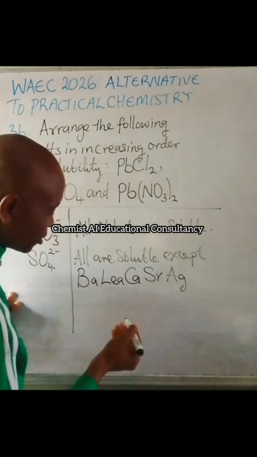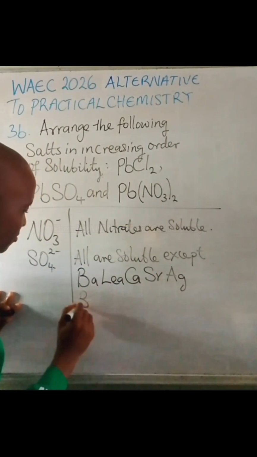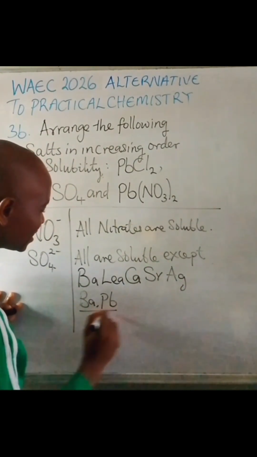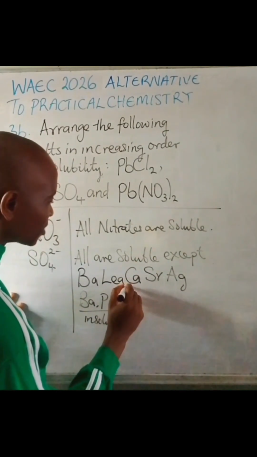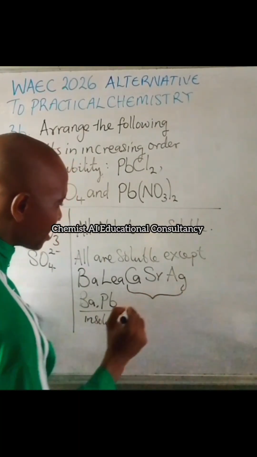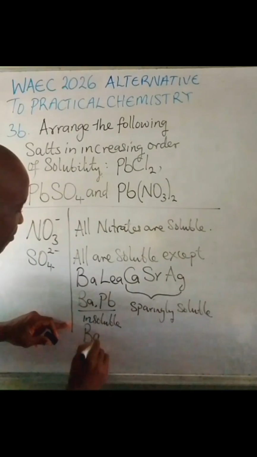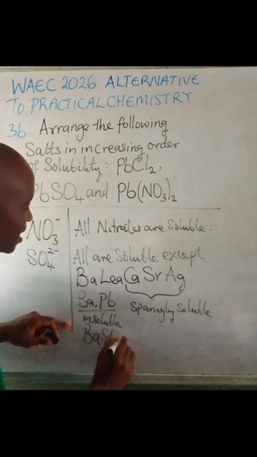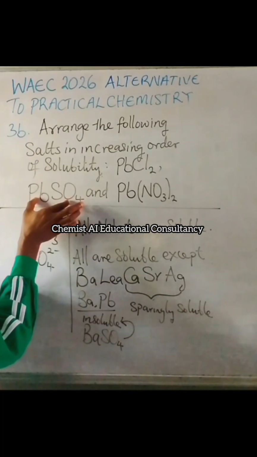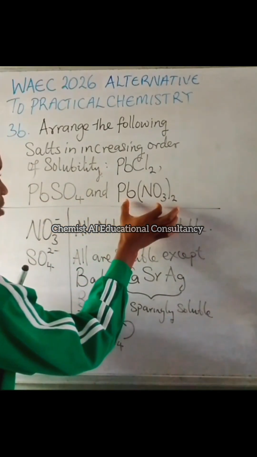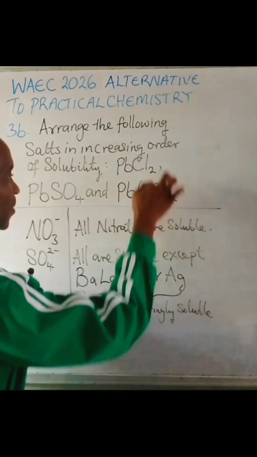These sulfates are not soluble, but sulfates of barium and lead are completely insoluble. But sulfates of calcium, strontium, and silver are sparingly soluble. We have now gotten that barium sulfate is insoluble completely, while barium nitrate is completely soluble.